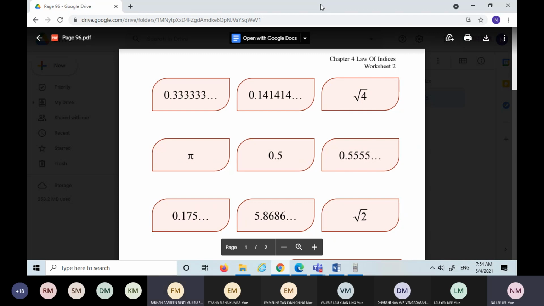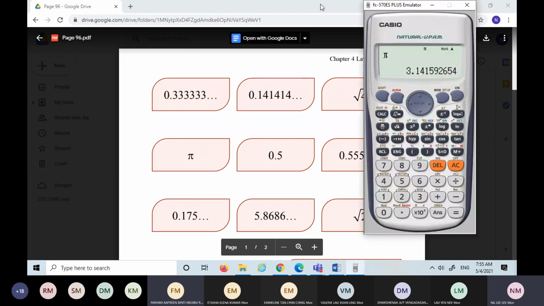Okay, if this is an irrational number, is pi a surd or not a surd? It's a surd. For a surd, you must see a square root or cube root, no? Can you see a square root, a cube root or a root for the pi? No, it's not a surd. So pi is not a surd.